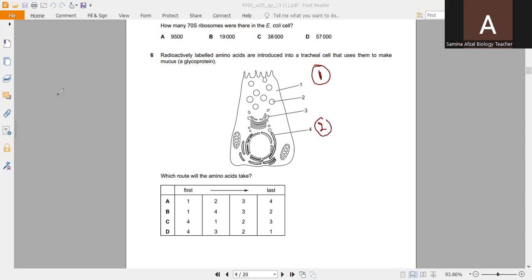So that will be at number 4, then number 2, and then the Golgi apparatus at number 3, and at number 4 are secretory vesicles.